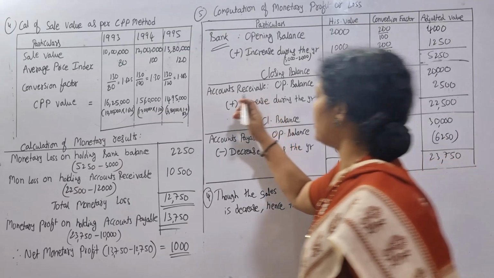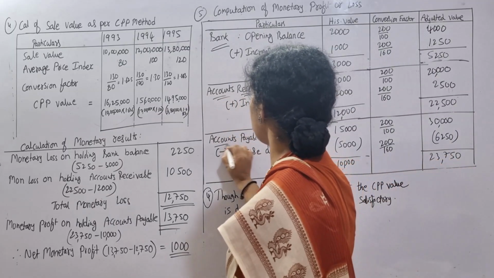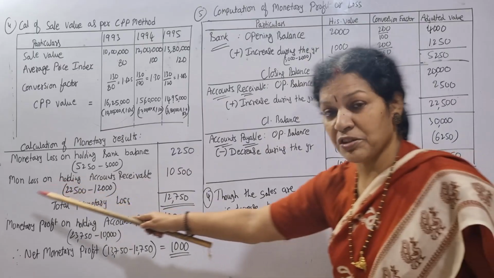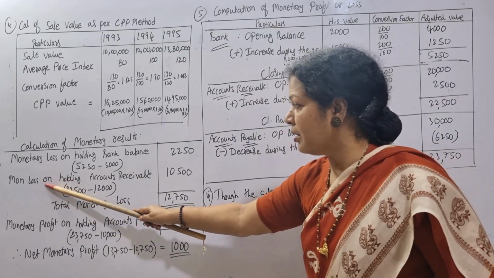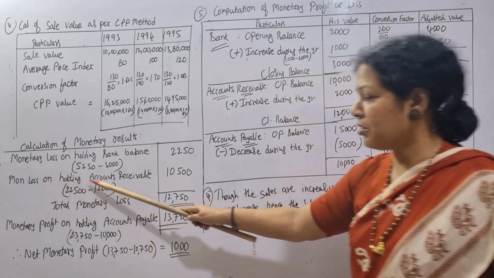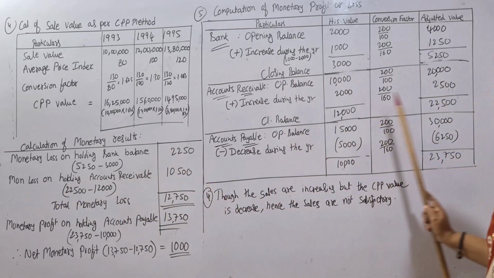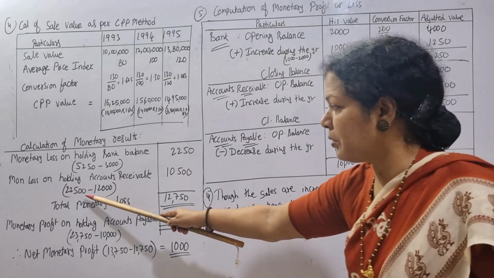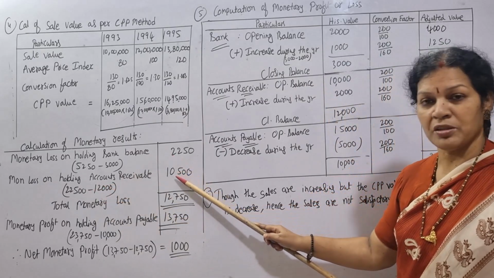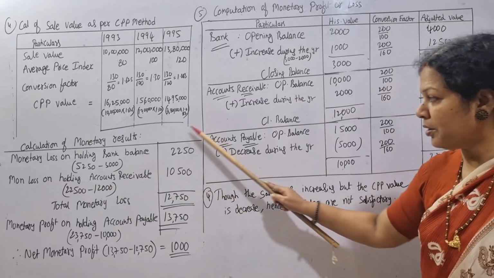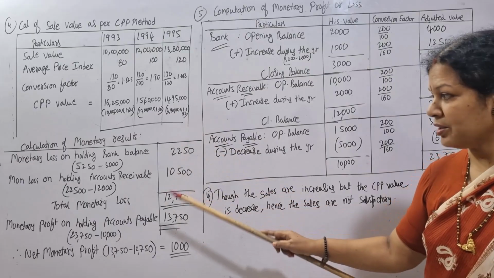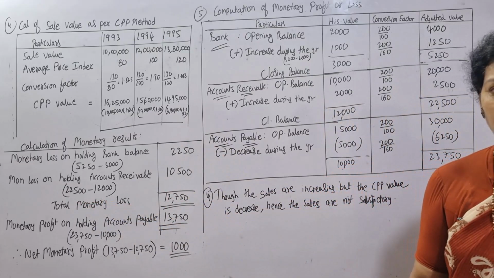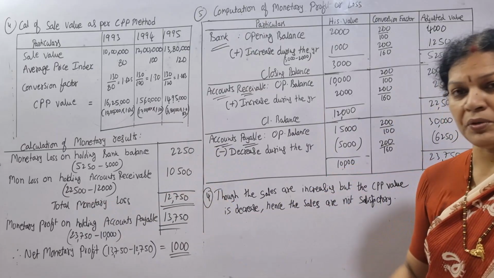Holding the accounts receivable is also a loss. Monetary loss on holding the accounts receivable. How much is the loss? 22,500 minus 12,000, which is 10,500. Altogether, these two are losses. We can say total monetary loss is 12,750.